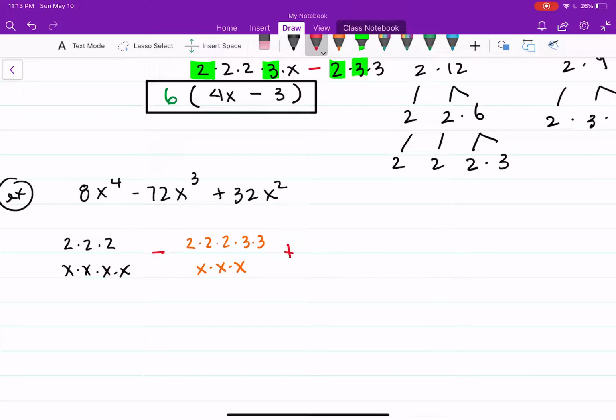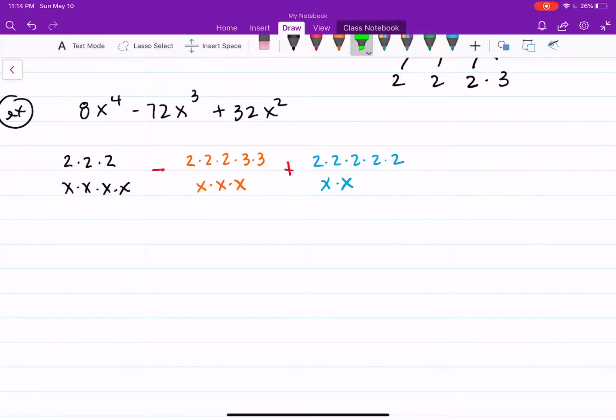And the 32 is going to break down to 2 times 2 times 2 times 2 times 2 times x times x. Okay? So, if you don't believe me, go ahead and put those in your calculator and see if it comes out, or do the factor tree and see if you get the same thing. Okay? So let's see what's in common.